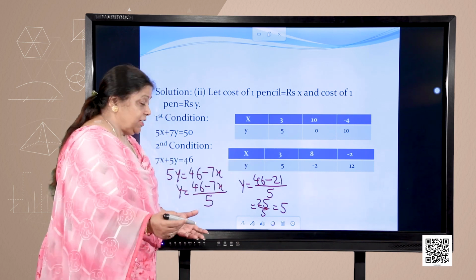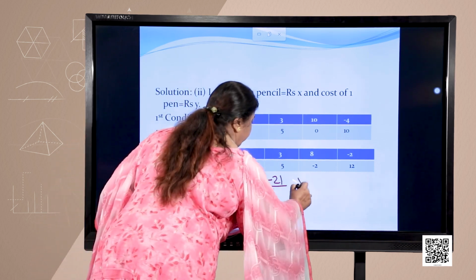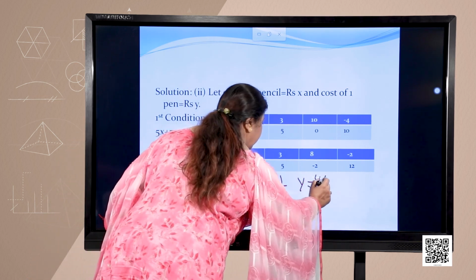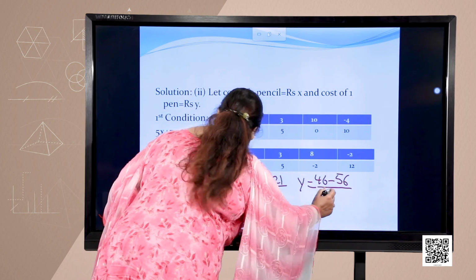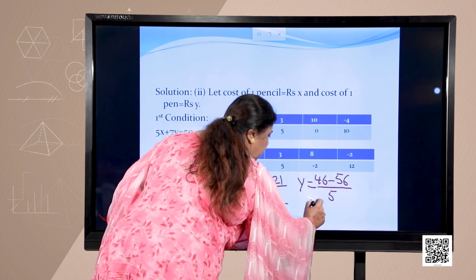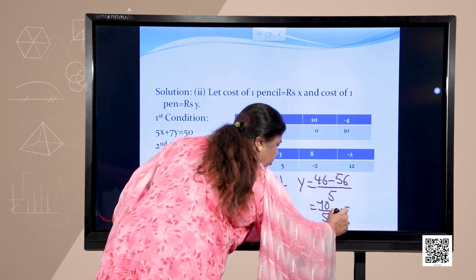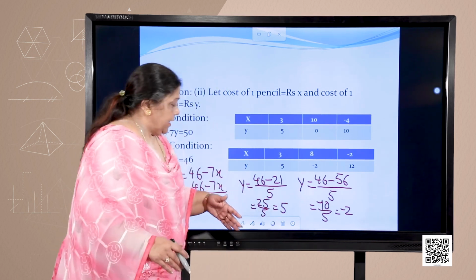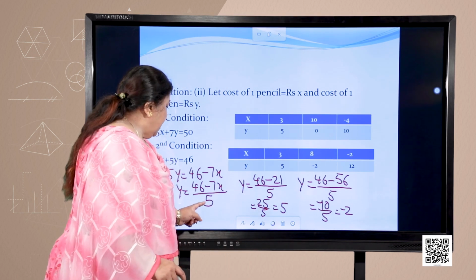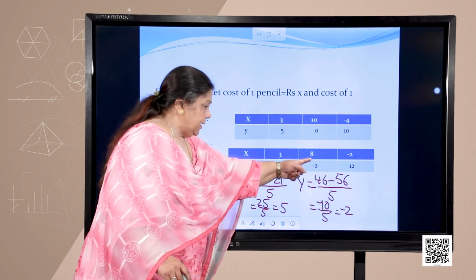Now next value, see, it is easy to generate. 3 plus 5 is 8. So y is equal to 46 minus 8 sevens are 56 upon 5. That gives me minus 10 upon 5, that is minus 2. Now once we can add and next we can subtract also. That means 5 plus 3, that was 8.